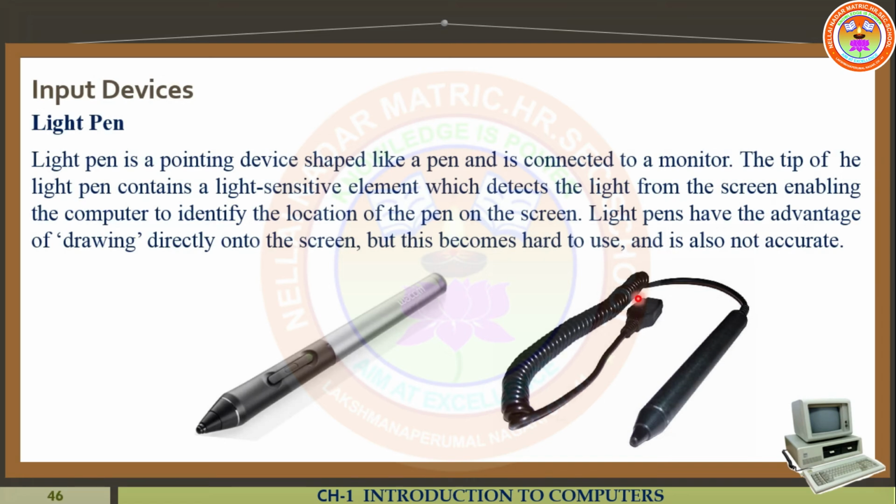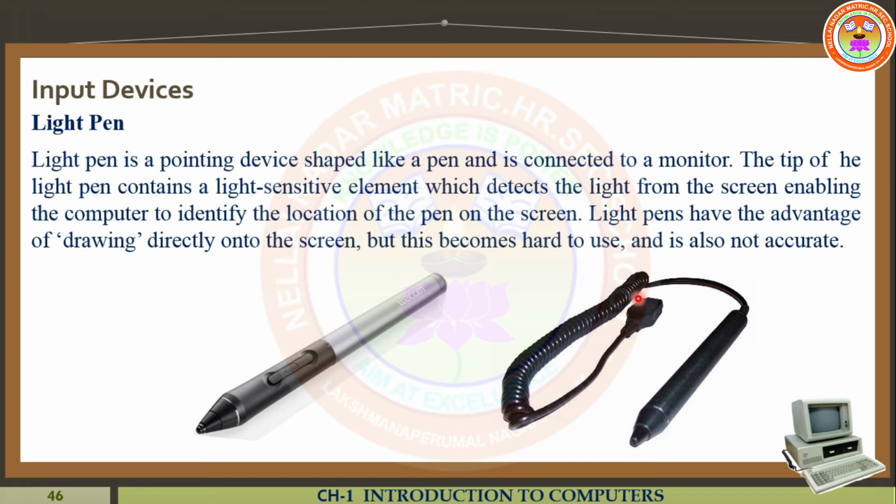The next input device is the light pen. So what is a light pen? It is also one of the pointing devices. It's just like a pen, and it's connected to the monitor. The tip of the light pen contains a light-sensitive element which detects the light from the screen, enabling the computer to identify the location of the pen on the screen.